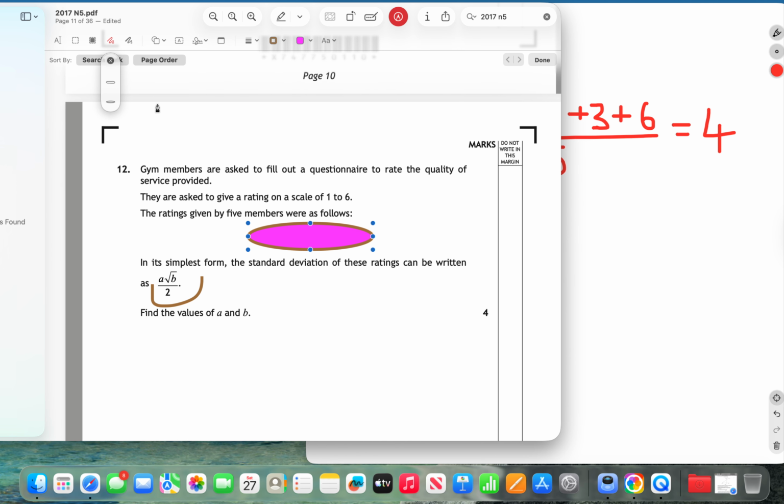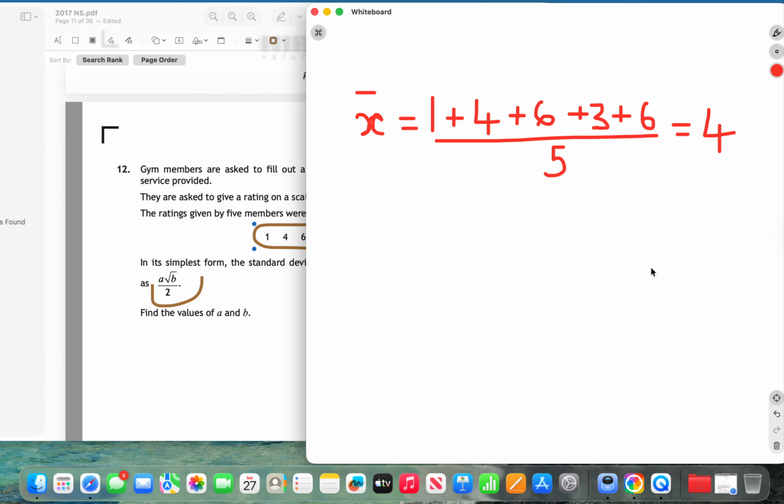So we then use the mean to find the standard deviation. Now we'll let x, without the bar, just x, represent each of the values or the scores given, and you want to find x minus x bar.